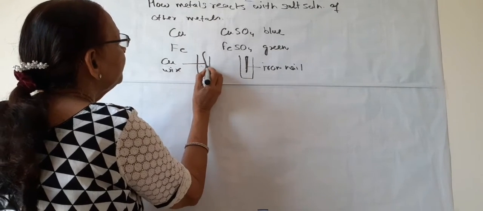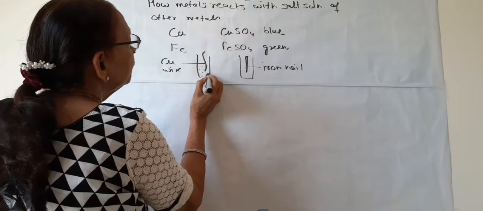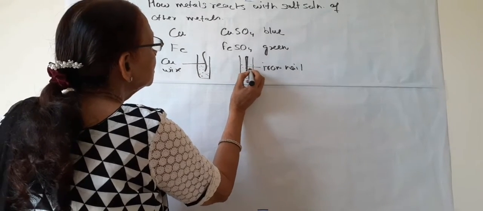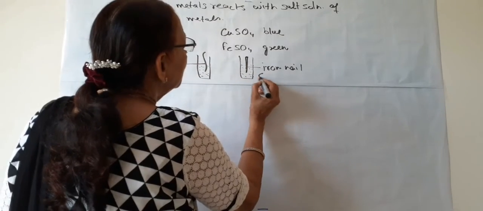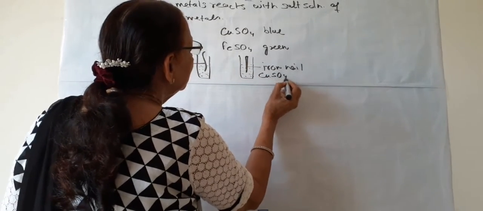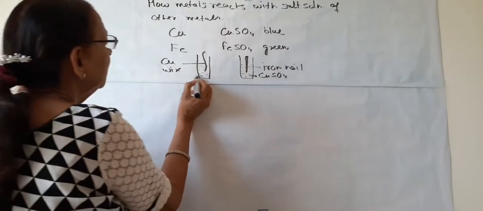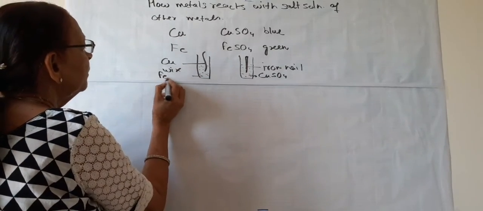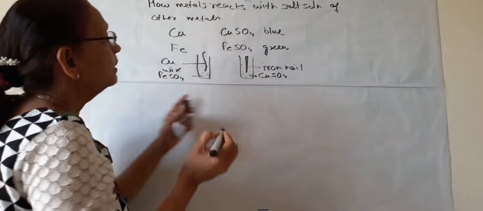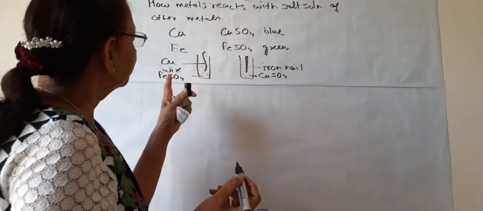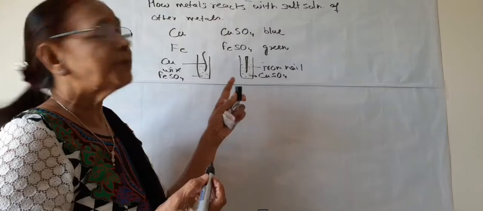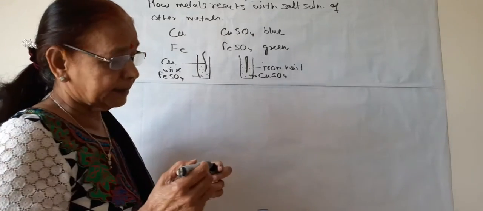And fill these test tubes with salt solution. With the iron nail, we take the solution of copper sulfate, and here the solution will be of iron sulfate, which is green in color. So we take two test tubes and the experiment is set up like this.